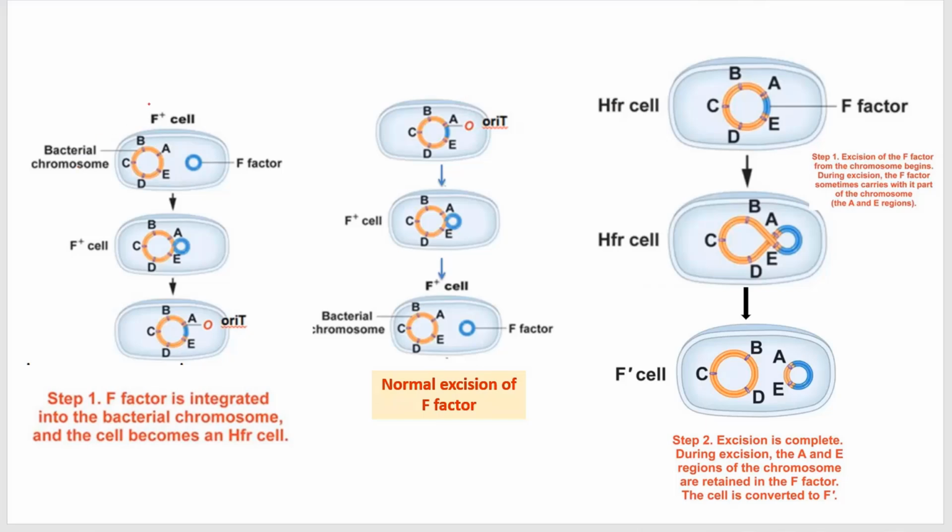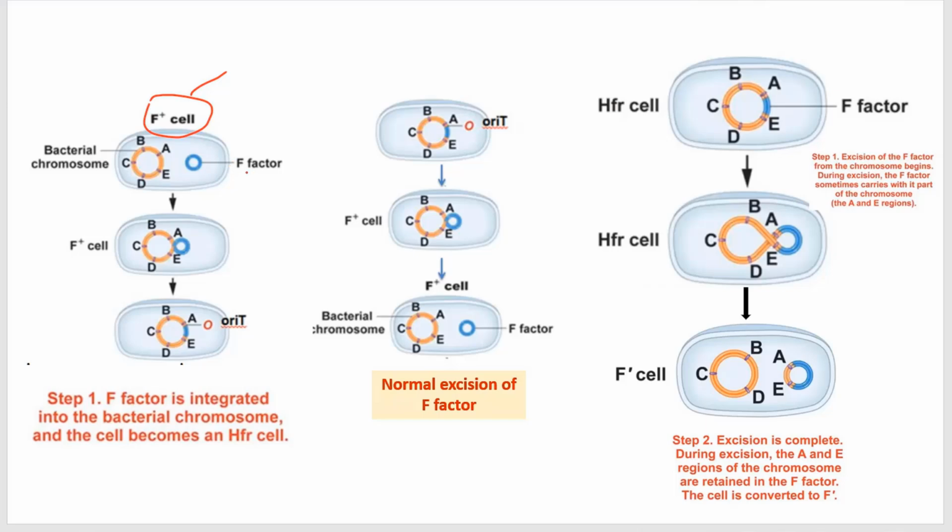Such bacteria are called F plus cells, and these F plus cells can form the conjugation tube and transfer the F plasmid to an F minus cell.